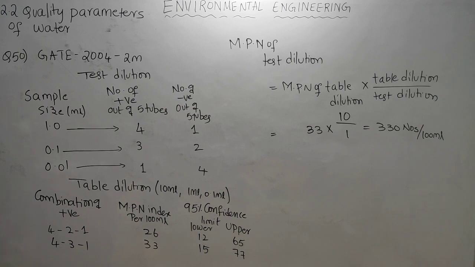Now we have ascertained all the qualities of the water and whether they are as per the requirements of the IS code or not. Now we will start our treatment process. How to treat the water, treatment of water, let us see.